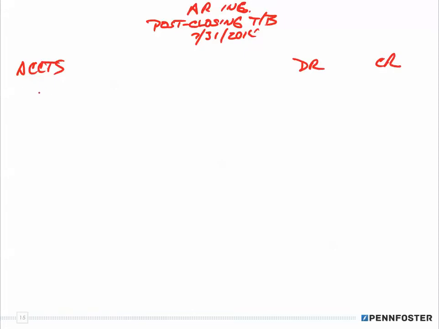So now I'm going to list all of the accounts, and I'm going to list them in the correct order by categories of accounts, and if they were listed as account numbers, that would be great.